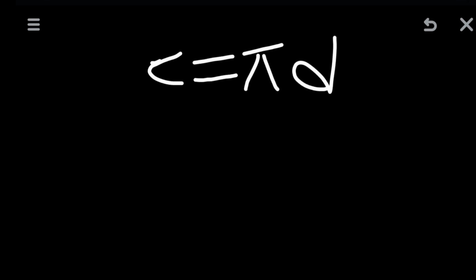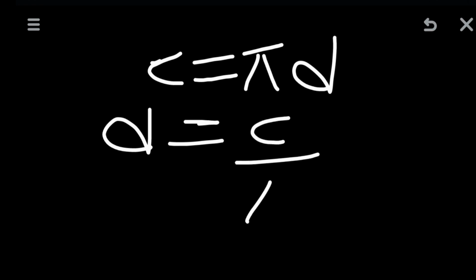So from C equals pi diameter, we have our diameter, which we are asked to calculate as D, to be the subject of the formula, equal to circumference over pi.